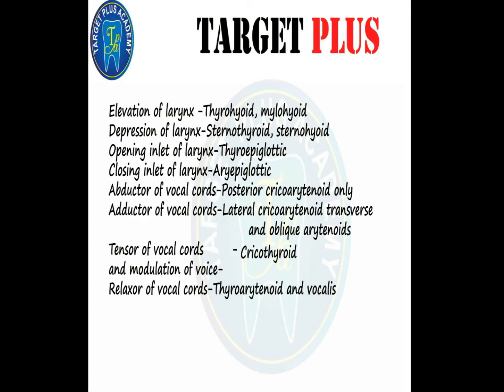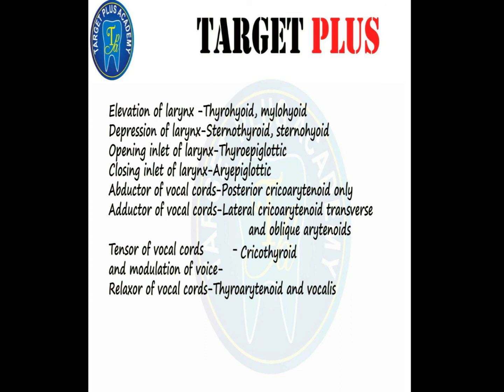Now let us revise the things again. Muscles causing elevation of the larynx are the suprahyoid muscles, such as the thyrohyoid and mylohyoid. Muscles causing depression of the larynx are the infrahyoid muscles, that is sternothyroid and sternohyoid. Opening the inlet of the larynx is the thyroepiglottic muscle.